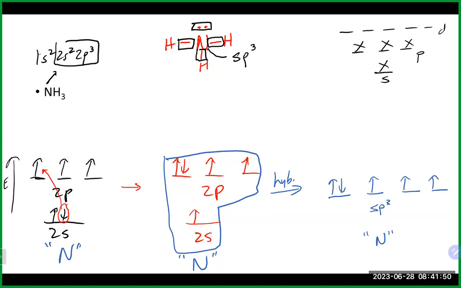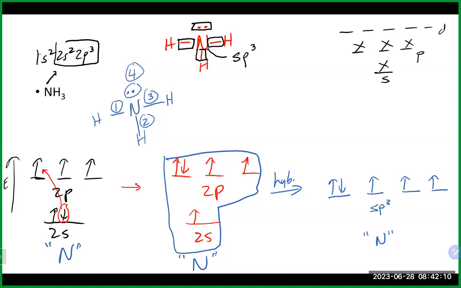All right, so I'm going to redraw my picture here and apply some numbers. I'll call this bond over here bond number 1, this bond bond number 2, this one bond number 3, and my lone pair number 4.